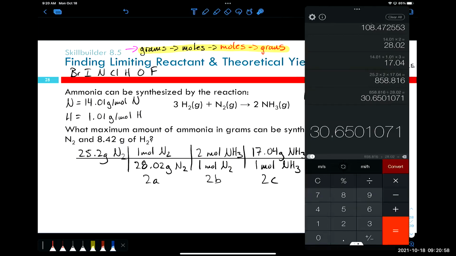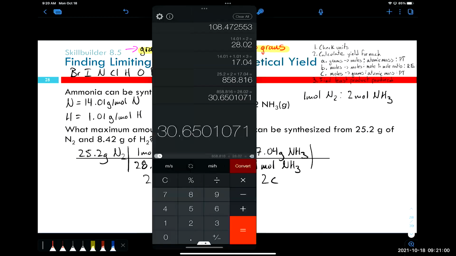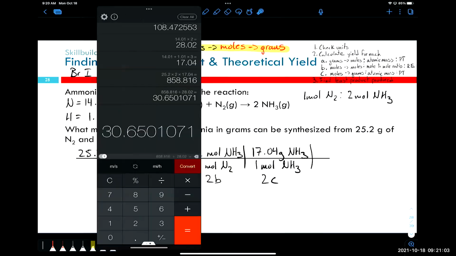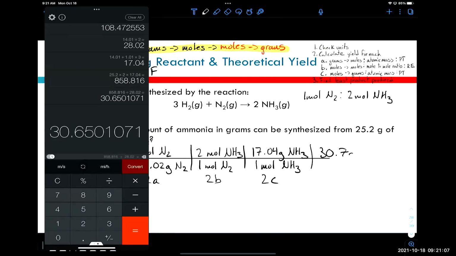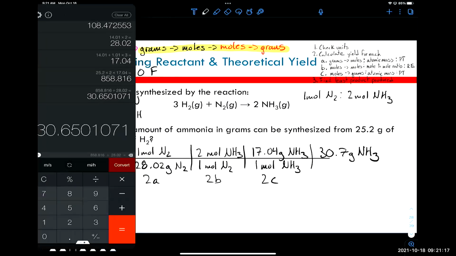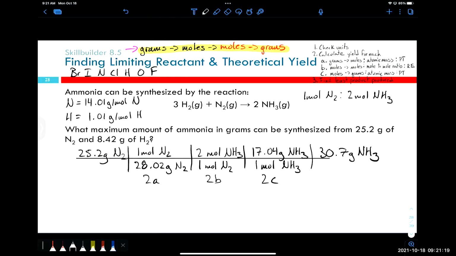So the answer for this will be 30.7 grams NH3. I just rounded 30.65 since the digit before the last digit, the 5, we round up. 30.65 or 30.7, sorry.